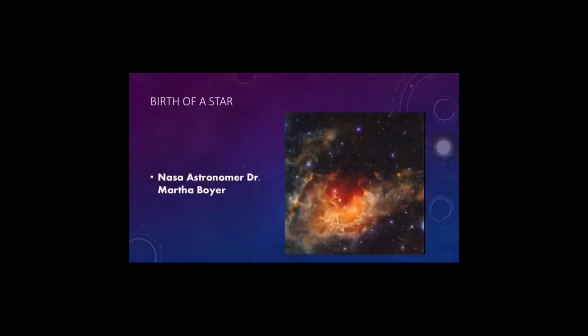Right. So the birth of a star. There was this really cool video I found of a NASA astronomer, Dr. Martha Boxer, and she explained it very well, and I'll put the clip after, but I'll just have a go explaining it now.